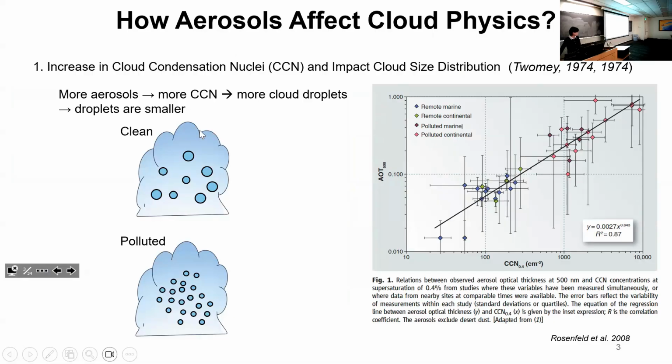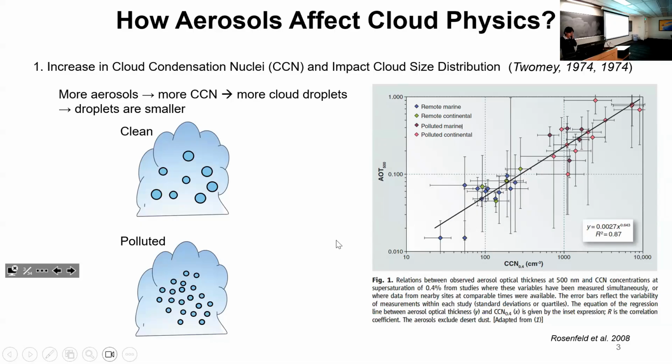In a polluted environment, more aerosols produce more CCN. The right figure here shows the relationship between CCN on the x-axis and aerosol optical depth on the y-axis, which represents the number concentration. You can see that when CCN concentration increases, aerosol optical depth also increases.